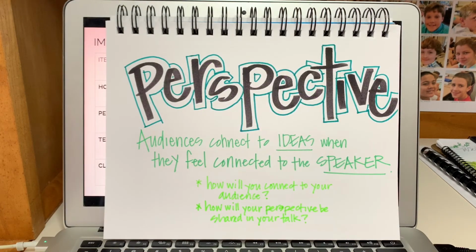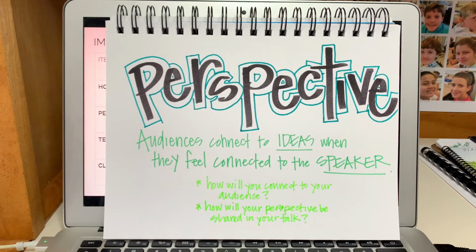The next element is perspective. We are going to operate under the assumption that audiences connect to ideas, to things that are not living, when they feel connected first to the person who is speaking, to the person who is sharing those ideas.